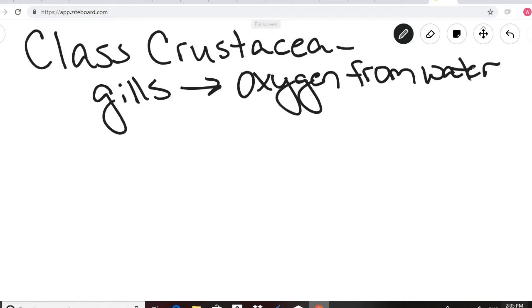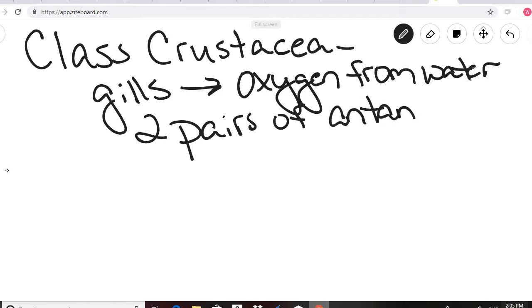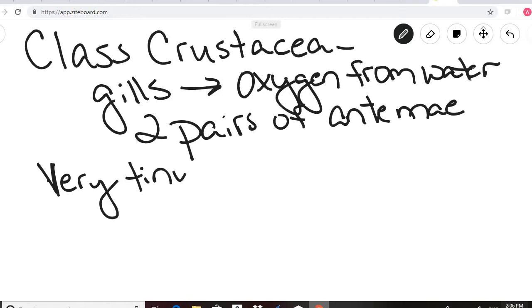They have 2 pairs of antennae for sensing. There are very tiny crustaceans that you would find on reefs or even floating like plankton, but they're crustacea. So they can be very tiny, but then they can also be quite large.